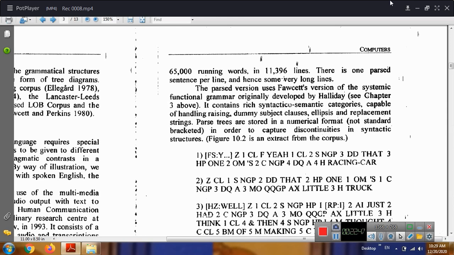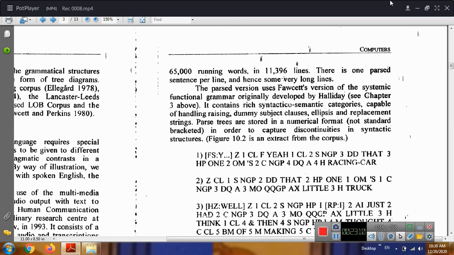The parsed version used Fawcett's version of the systemic functional grammar originally developed by Halliday. It contains rich syntactico-semantic categories capable of handling raising, dummy subject clauses, ellipses, and replacement strings.